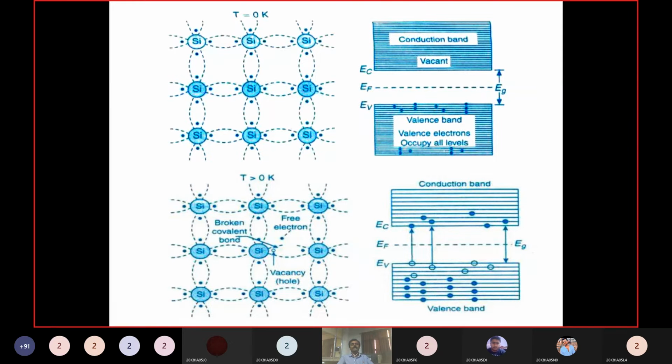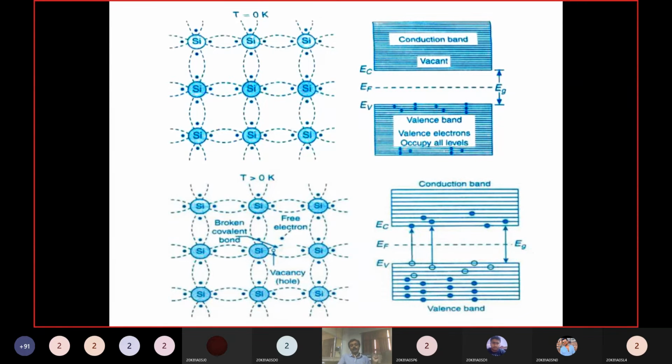So what is the energy gap in conductors? There is no energy gap between the valency band and conduction band, because both overlap with each other. In semiconductors, the energy gap is 0 to 3 electron volts. For example, germanium is 0.7 electron volts and silicon is 1.21 electron volts.